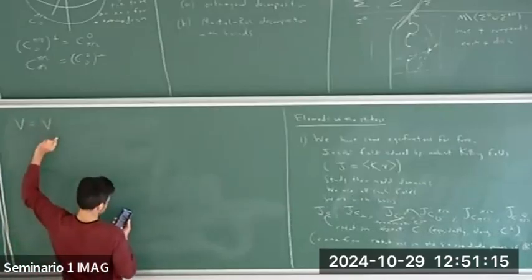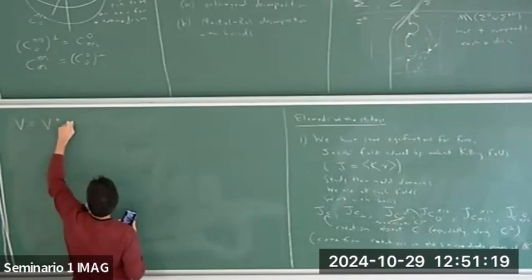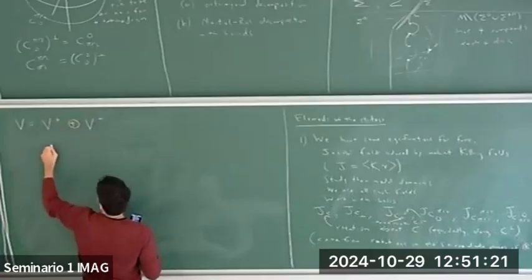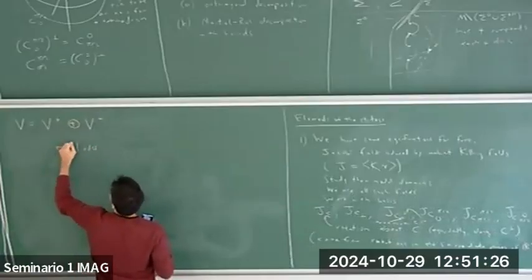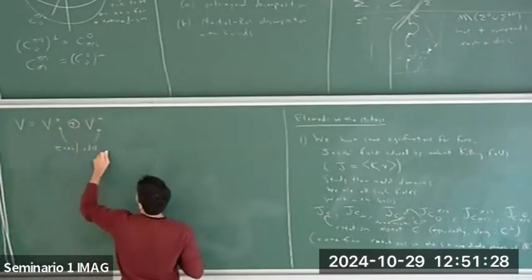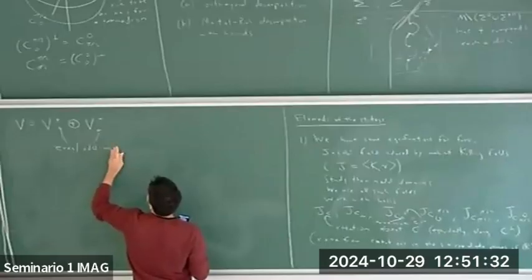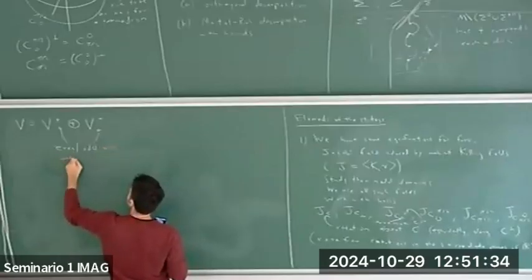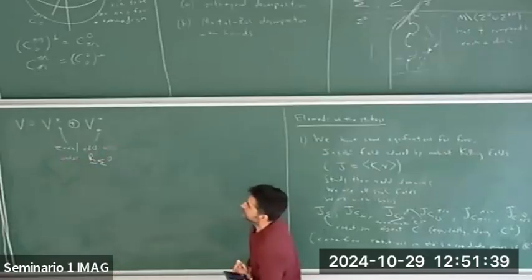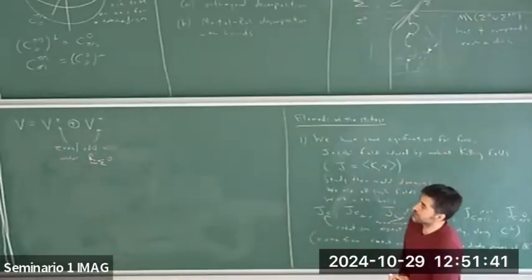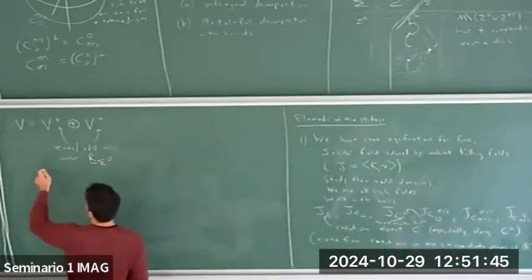So we can do the decomposition V into V plus and V minus, so this is even under reflection through sigma 0. But because I have this other symmetry, the symmetries will commute, I can do a further decomposition.